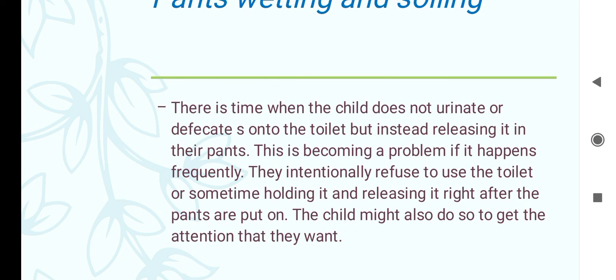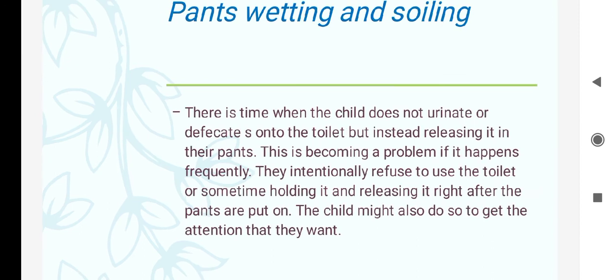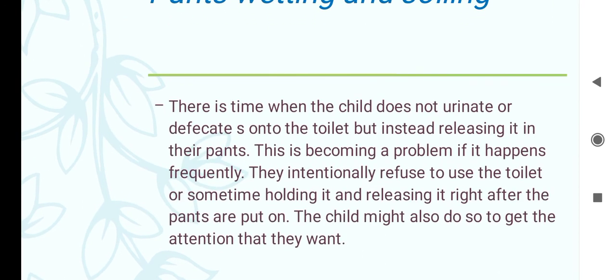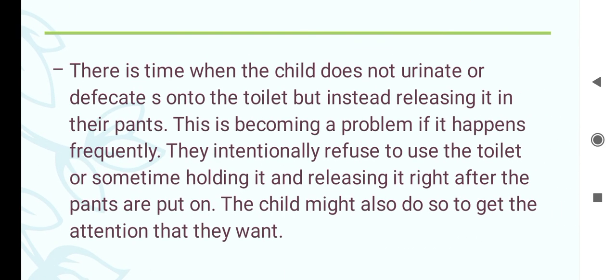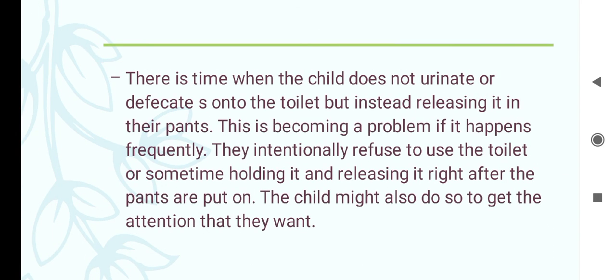The child may also do so to get the attention that they want. Ini lagi satu masalah. Kalau dia membuang air besar ataupun sengaja buang air kecil dalam tandas, menunggu the right moment bila semua orang dalam kelas, so this shows that these children are dependent.